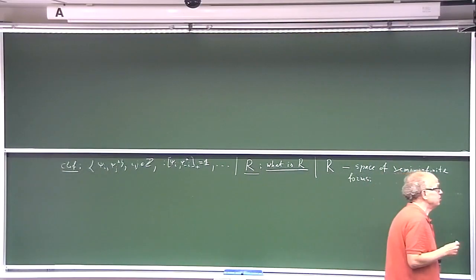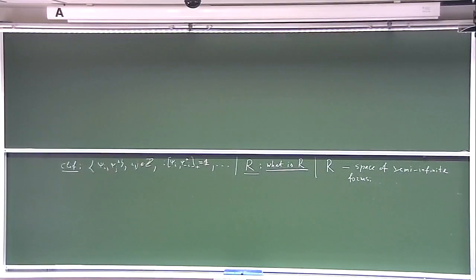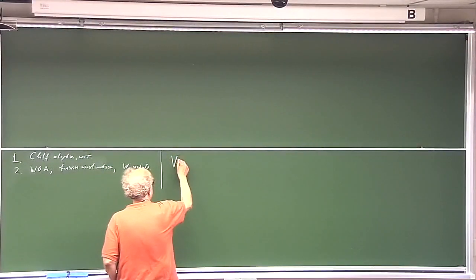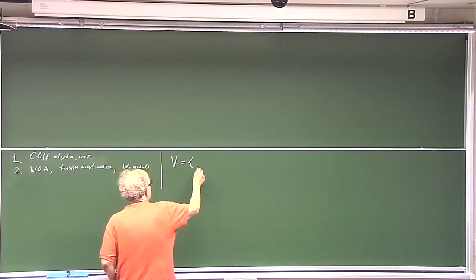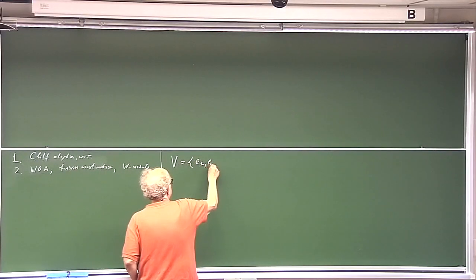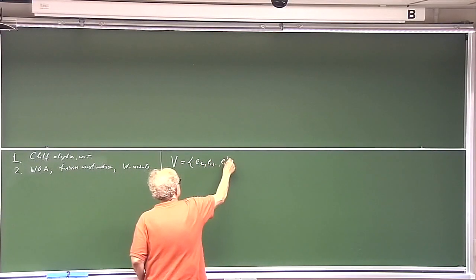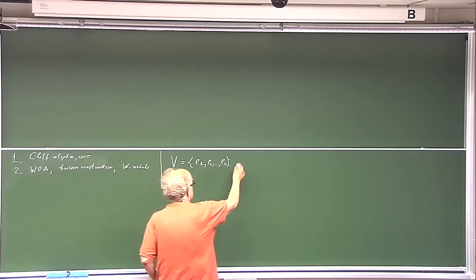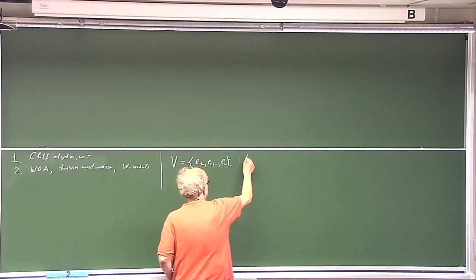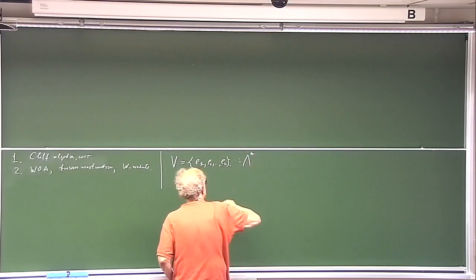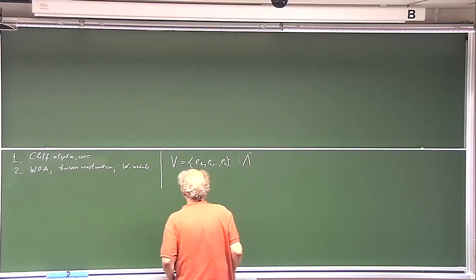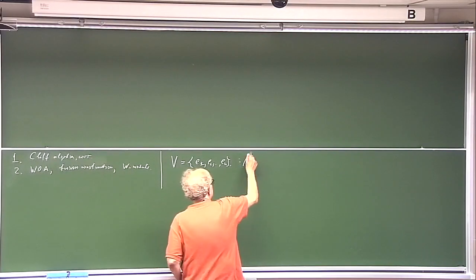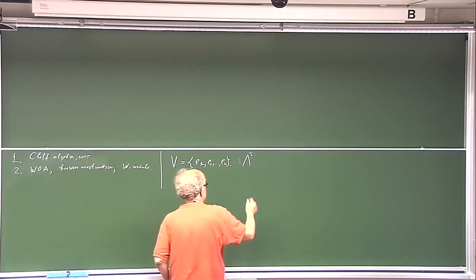and by this I mean the following: suppose you have some vector space which is finite dimensional with basis E1, E2, and so on to n. If it is finite dimensional, then we can consider the Grassmannian algebra or a component of the Grassmannian algebra like this.